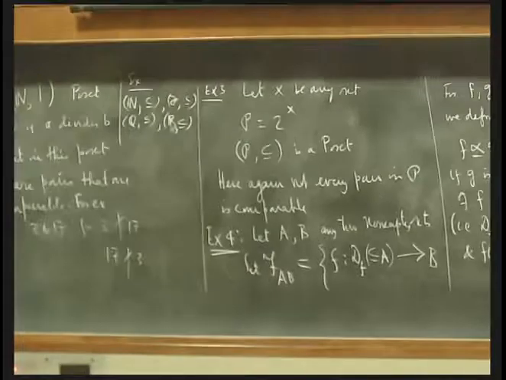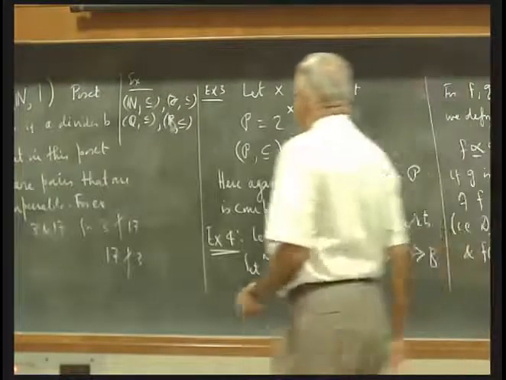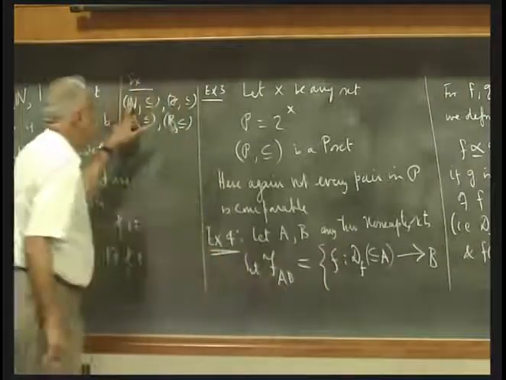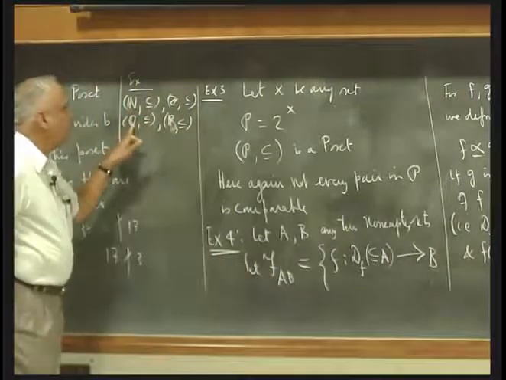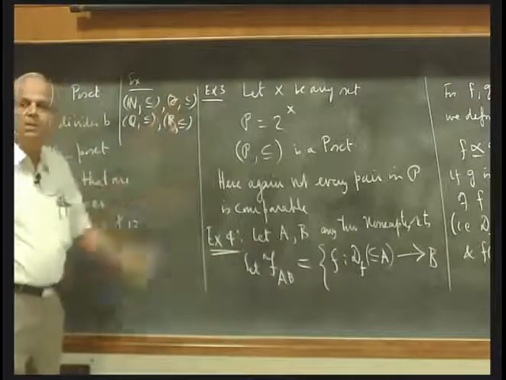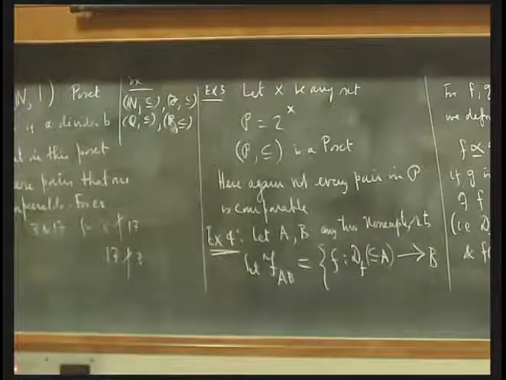These are examples in which you can think of this as a part of this, or a part of that. N is a subset of Z, N is a subset of Q, N is a subset of R.